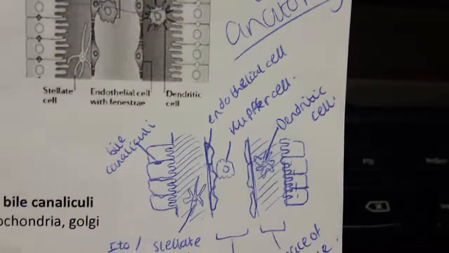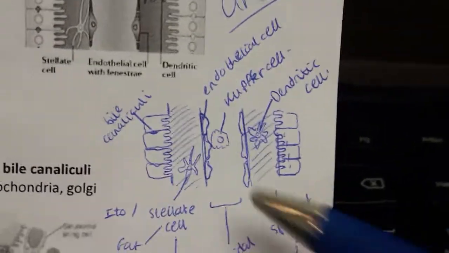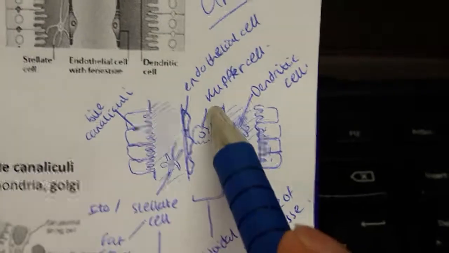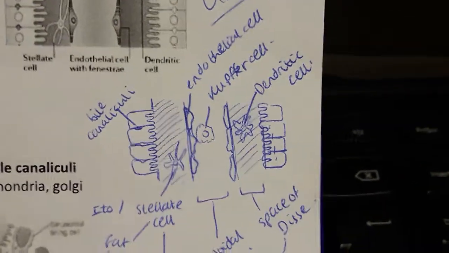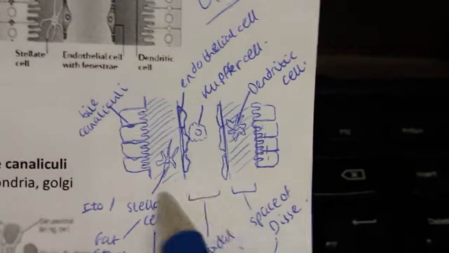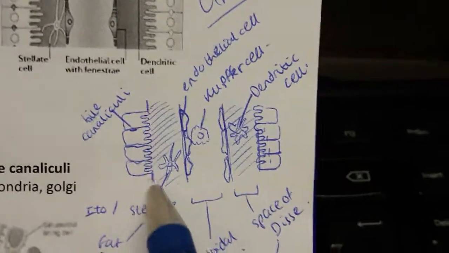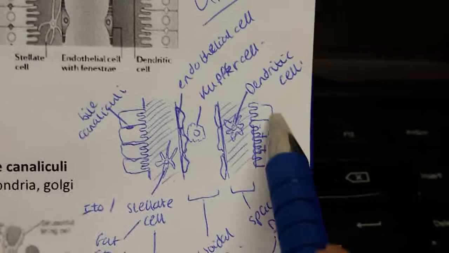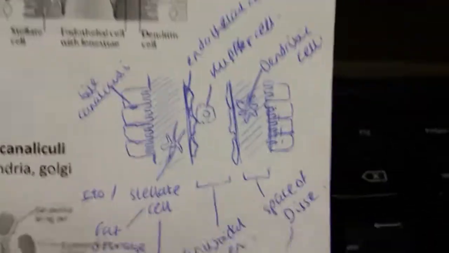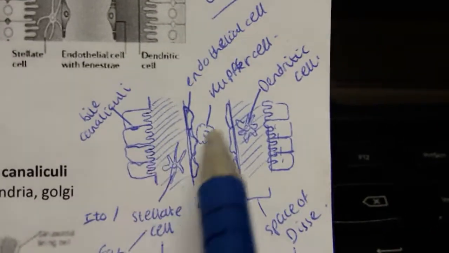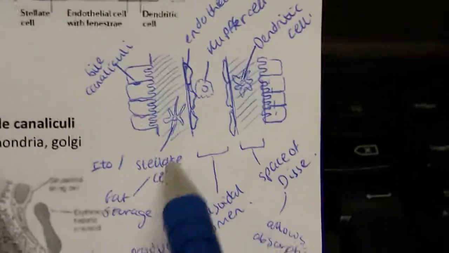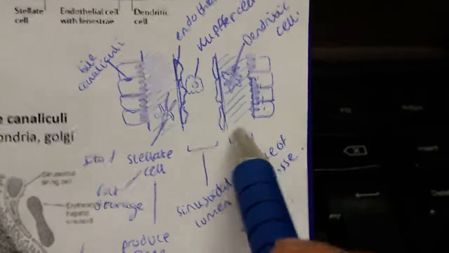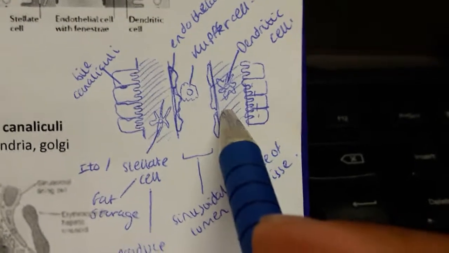So let's have a closer look at the liver anatomy. As you can see here, this is the lumen. And as I mentioned, the lumen contains Kupffer cells, which look like this. The lumen is lined by these hepatocytes, as you saw in the drawing earlier. However, there's a gap between the lumen and the hepatocytes, and this gap is called the space of Disse.